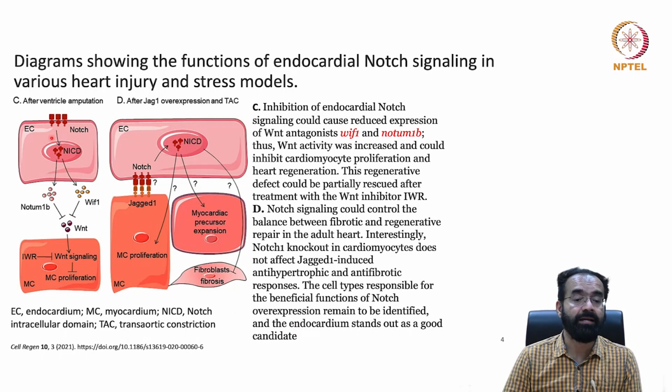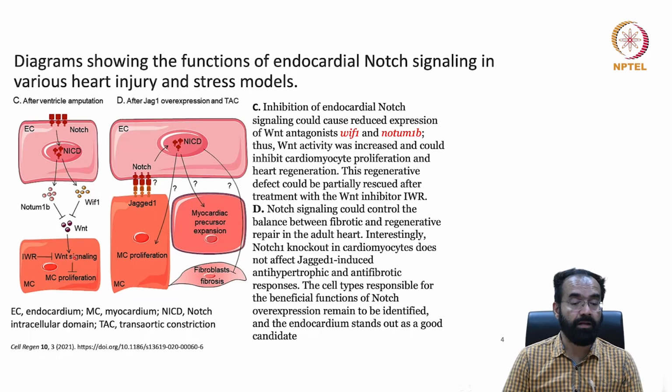So you can see here the Notch signaling, once kick-started, NICD can release the Wnt inhibitors so that in the myocardium, the Wnt signaling will not act very effectively because the Wnt signaling is prevented, hence they will not proliferate.